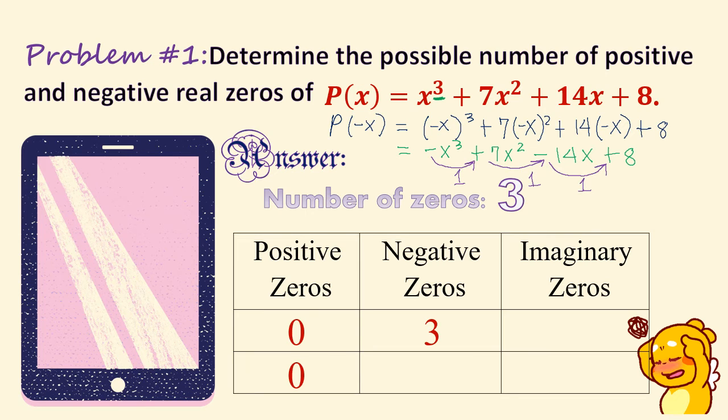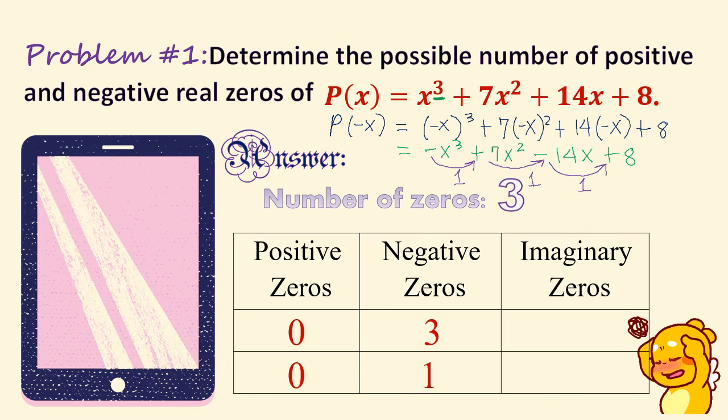But aside from the maximum number, as per stated in our Descartes rule of signs, it's either equal or less than by an even integer, and that means you just simply deduct by 2. The even integer there mentioned refers to 2 only. So 3 minus 2, so another possibility.